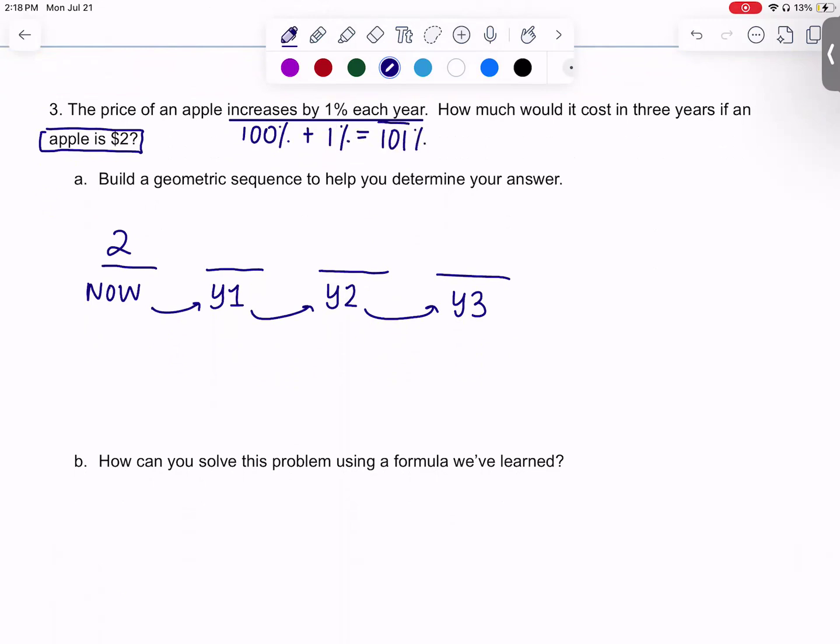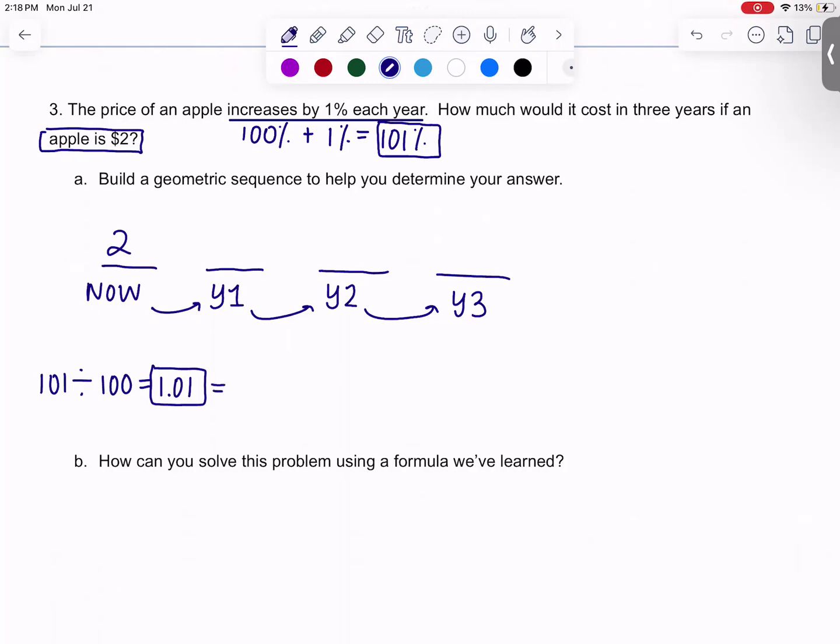Every year we're going to have 101% of last year. We're going to have the original 100 plus 1 more percent. So we take 101. Let's do it on the bottom. We divide it by 100 to turn it into a decimal because we can't put percents into our word problems. That's 1.01.